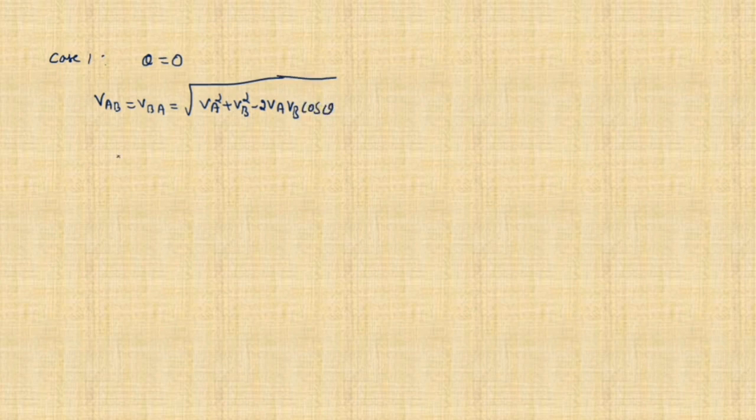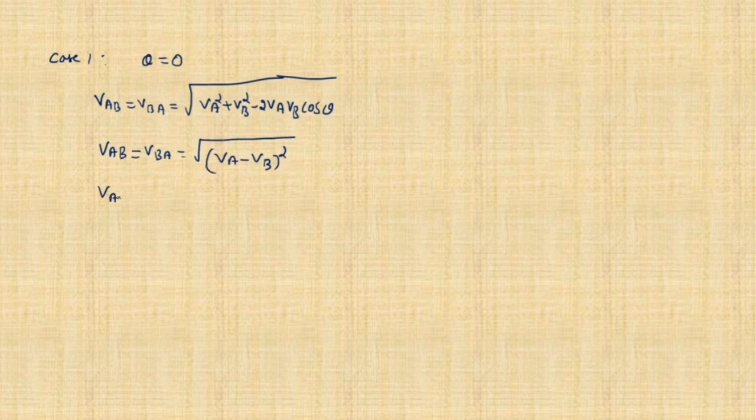So here what is the resultant formula? VAB as well as VBA is equal to square root of VA square plus VB square minus 2VA VB cos theta. That is, VAB as well as VBA is equal to square root of VA minus VB the whole square.